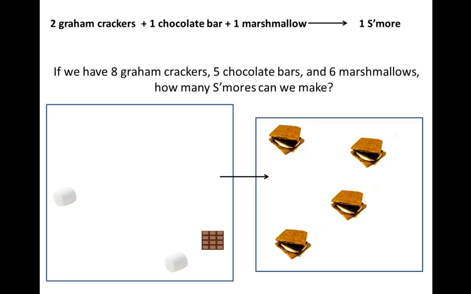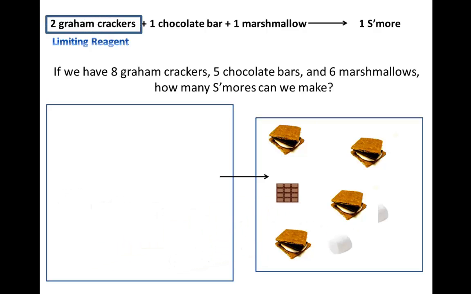We have run out of graham crackers, so we cannot make any more s'mores. Because the graham crackers limited us to only making 4 s'mores, the graham cracker is a limiting reagent. We still have chocolate bars and marshmallows left over. These are the excess reagents.